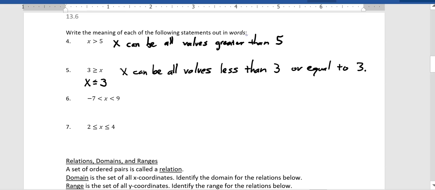Problem 6. We see that we have a number, -7, a less than sign, an x, a less than sign, and then a 9. When this happens, with the variable being sandwiched in the middle of two less than signs, it's telling you that the value for x is anywhere between -7 and 9. But it doesn't actually include -7, and it doesn't include 9. Okay, so x can be anything between -7 and 9.